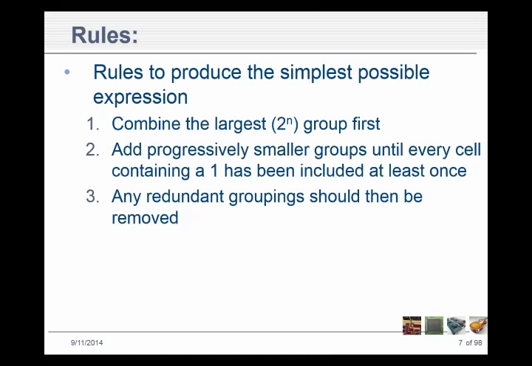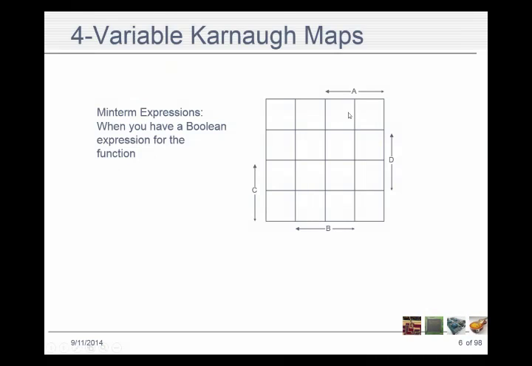If you had these 3, you can't combine these 3. You have to combine these 2 by themselves and then these 2 by themselves. You'll have 2 groups. But if you had this one, this one, this one, and this one, then you could group these.